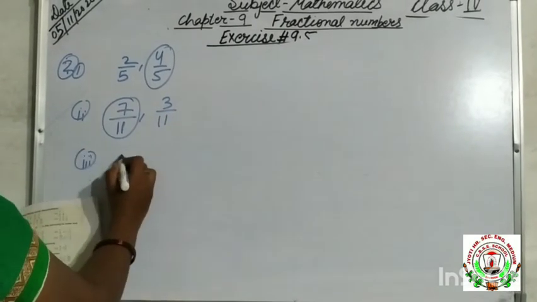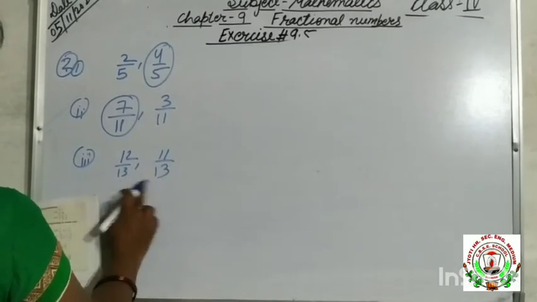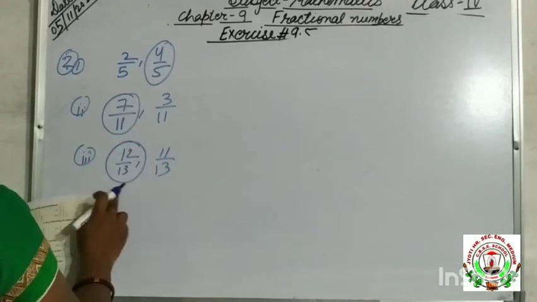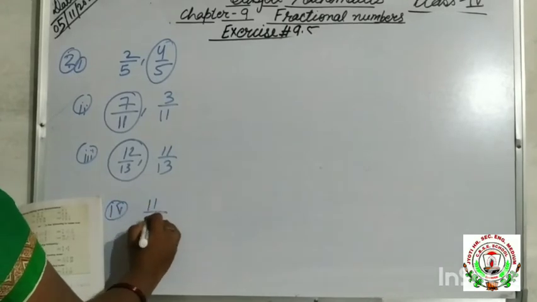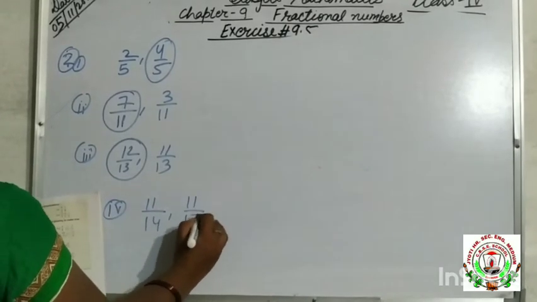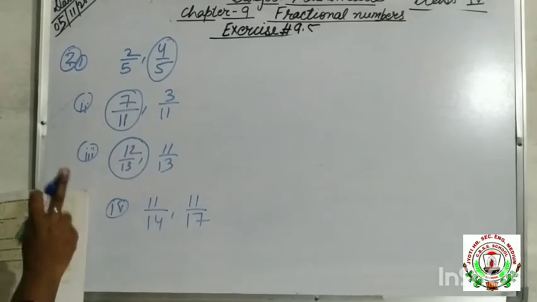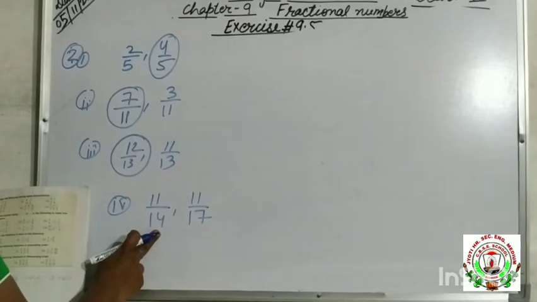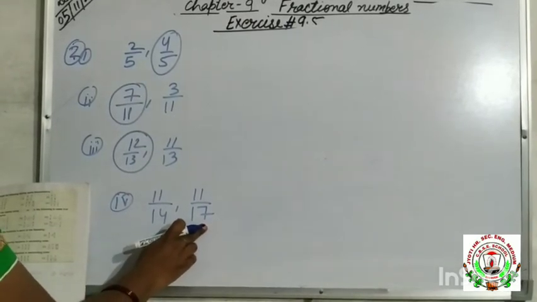In number 3, 12 by 13, 11 by 13. Both are like fractions. So the greater numerator will be greater. So 12 by 13 is greater. In number 4, 11 by 14 and 11 by 17. Here both the numerators are the same. So when the numerator is the same, the fraction having the smaller denominator will be greater, and the greater denominator will be smaller.